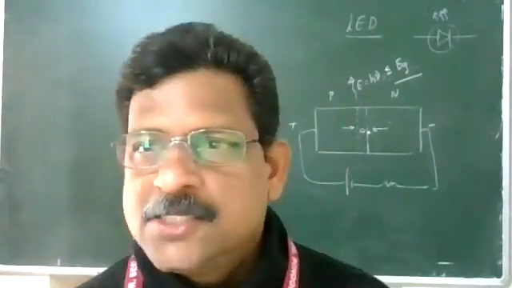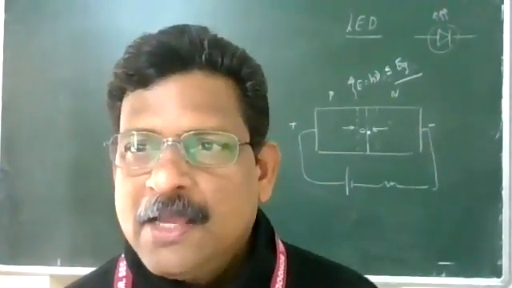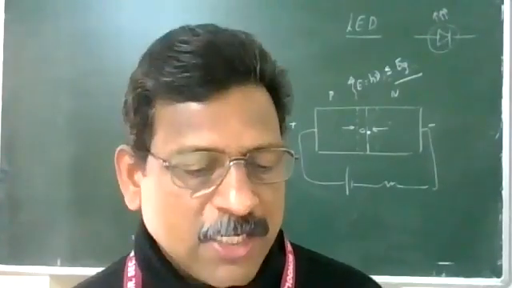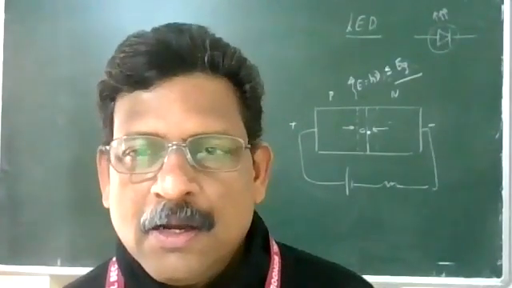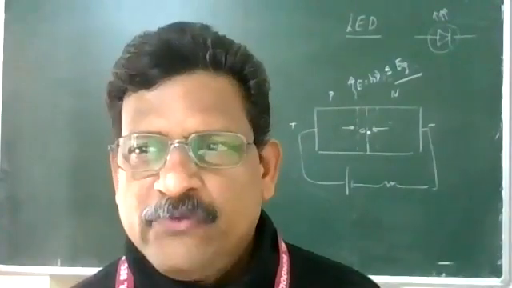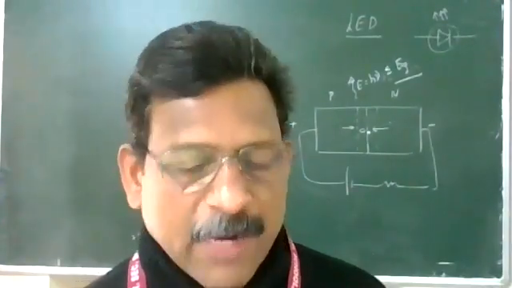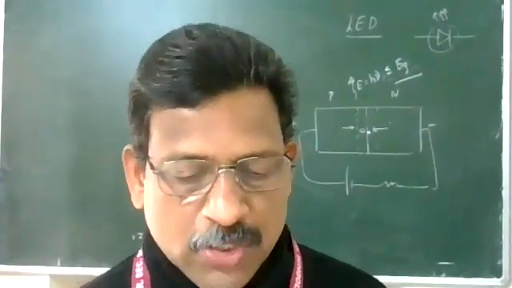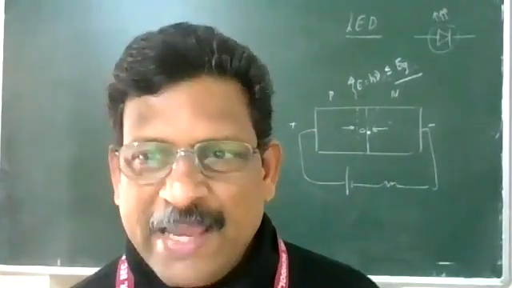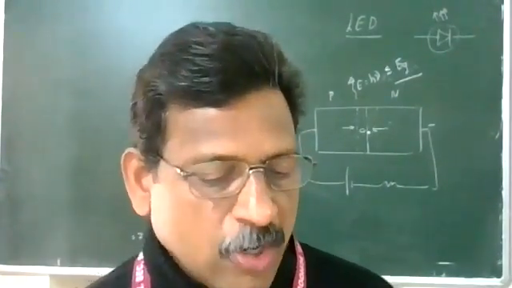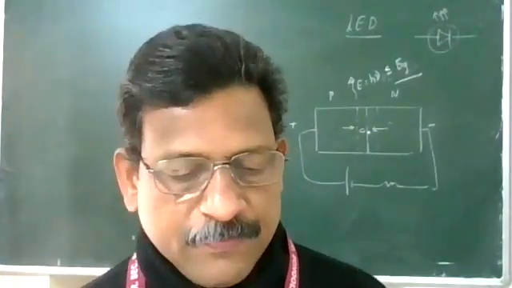So the construction part: you have a P-type silicon crystal wafer of very fine thickness, about 300 micrometer, over which a thin layer of N-side silicon is grown by a diffusion process.